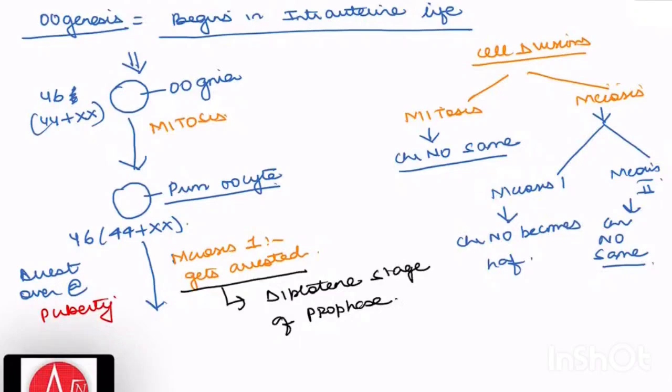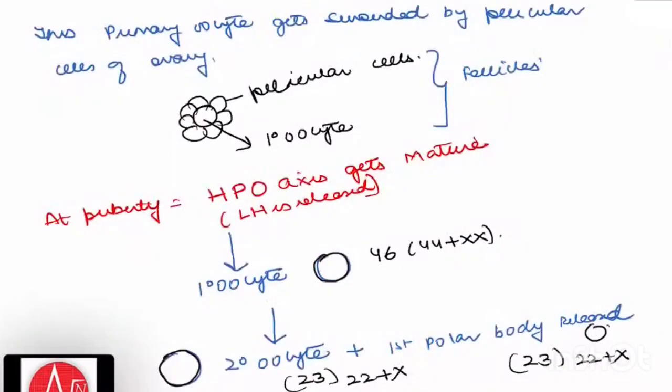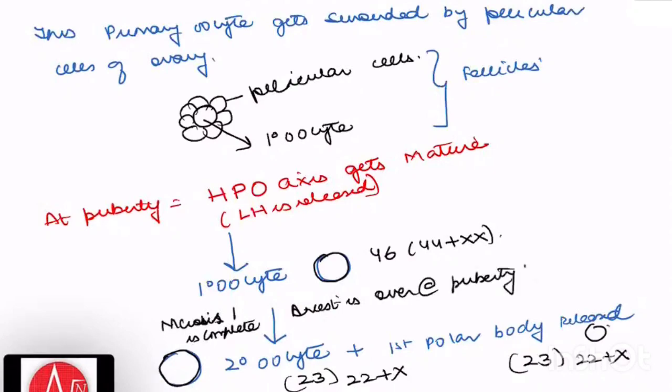And at puberty, because the hypothalamic pituitary ovarian axis gets matured, the arrest of the primary oocyte is now over. So meiosis 1 is complete. The arrest is over at puberty. And from the primary oocyte, the secondary oocyte will be formed and the first polar body will be released.